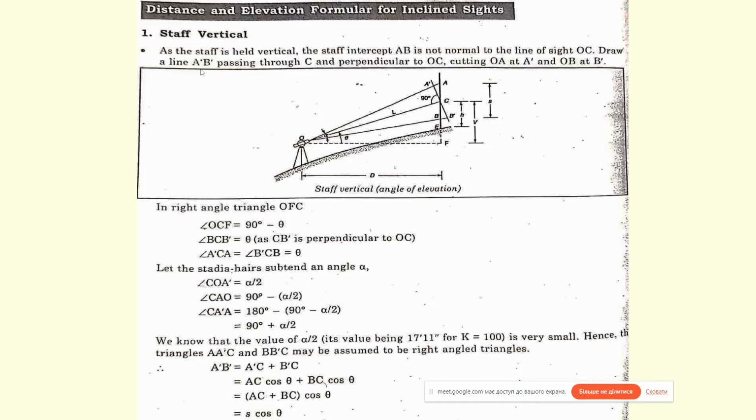Let's draw line A'B' passing through C and perpendicular to OC, cutting OA at point A' and OB at point B'.